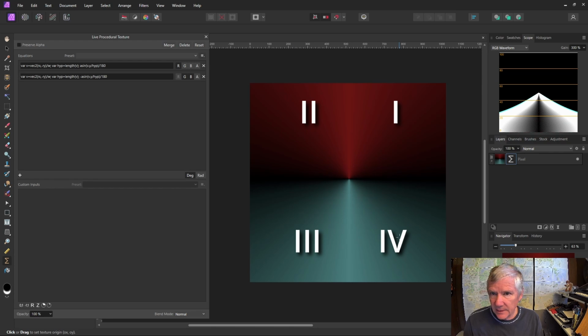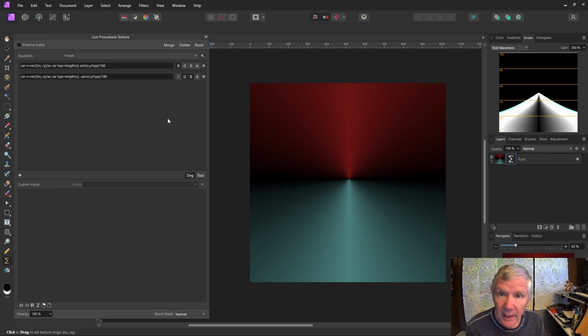So arc sine is valid in quadrants 1 and 4, but over in quadrant 2, because it's taking the ratio of v dot y, it doesn't know that v dot x is negative over here. So it just creates a mirror image of what was in quadrant 1. And the same thing down in quadrant 3 just creates a mirror image of what was in quadrant 4. So it's not really valid in those quadrants, although we're just using this to make patterns. So we don't care if it's mathematically valid or not.